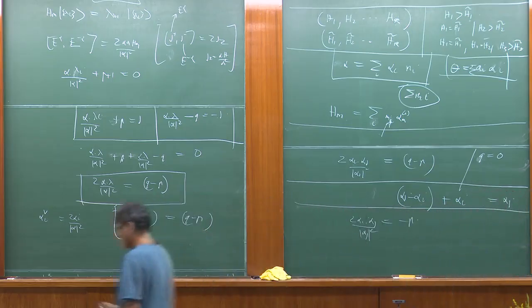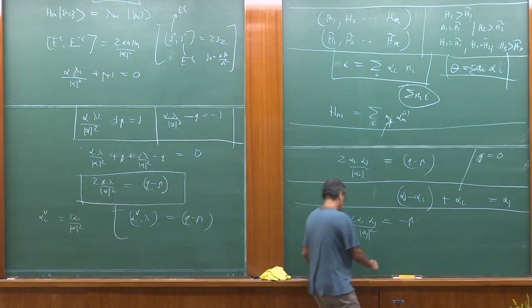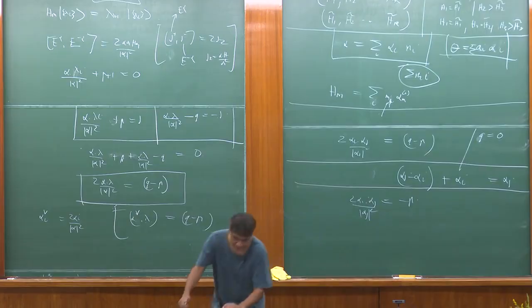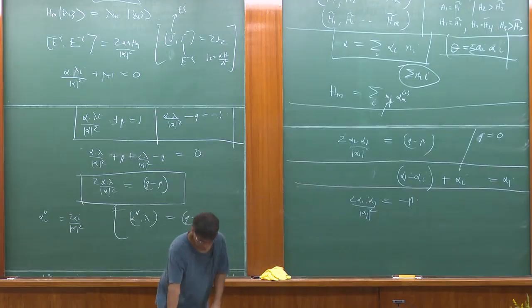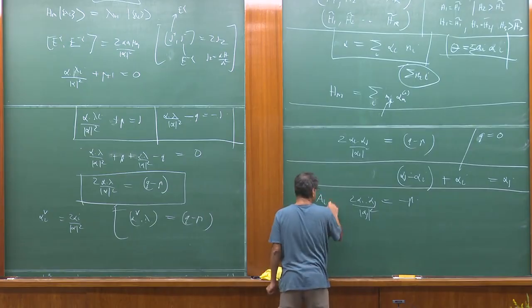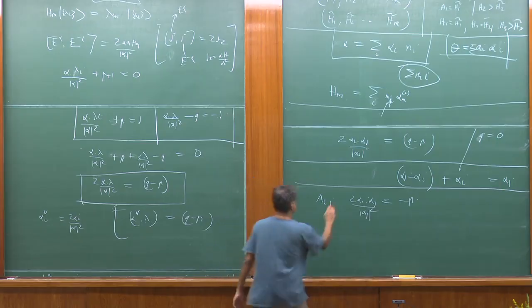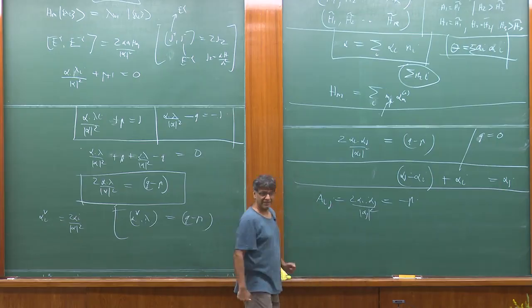This quantity is called, people give it a name, they call this A_ij. And let me check that they're dividing by alpha j squared. Yes, it's called the Cartan matrix.